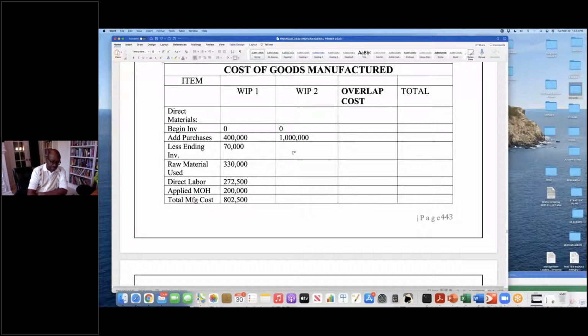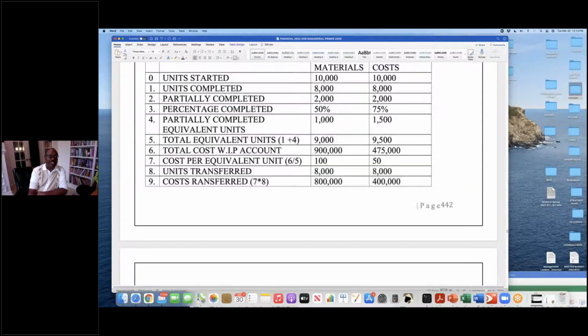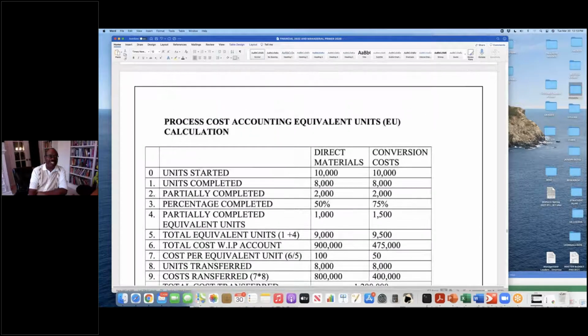So based on what I did, what's the raw material used? That's 900. But that's not okay. They said we only purchased 250. Why are we using $1 million? That's what I was just asking, because this is confusing me.